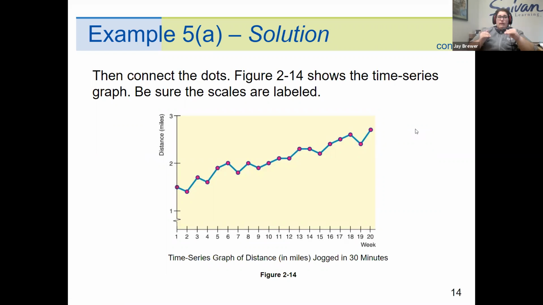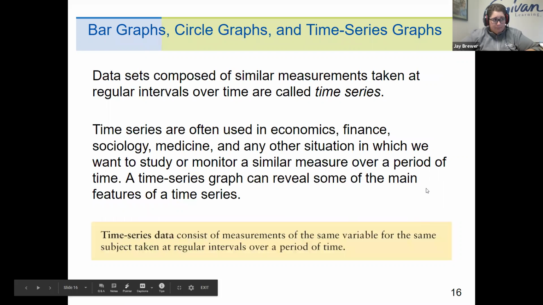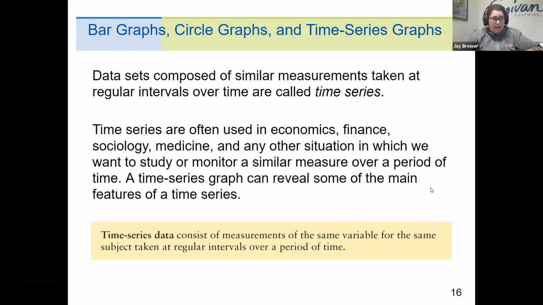So you can't really predict if this individual will ever be able to exceed 2.5 miles in half an hour. I mean, if we had some more information, we could maybe determine that, but right now we just have that information and we can't predict the future for that.